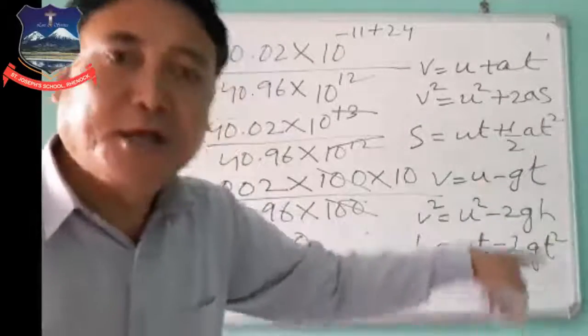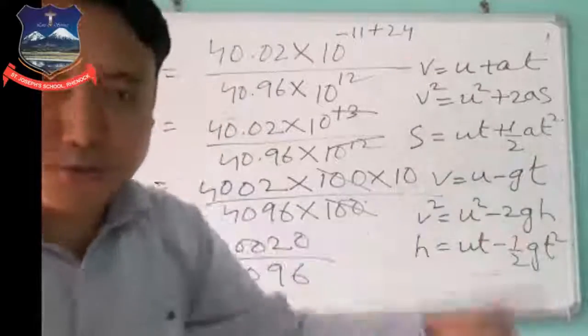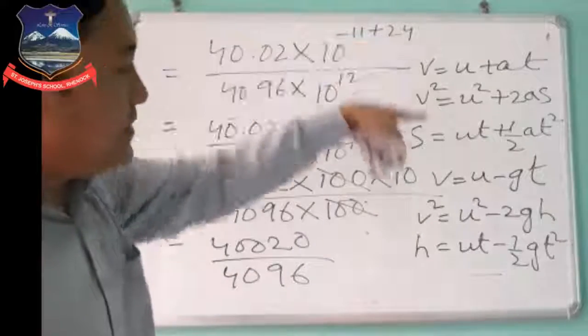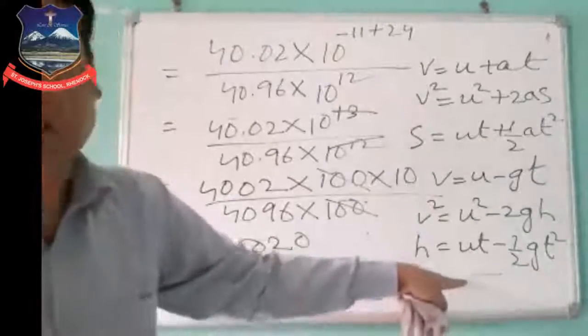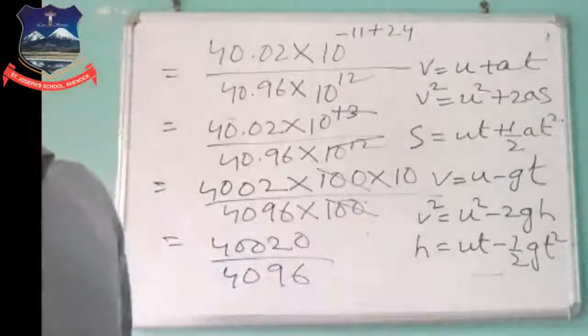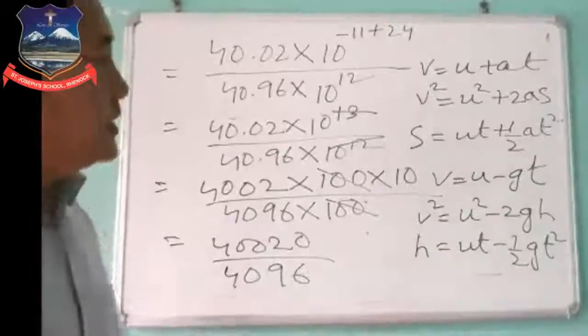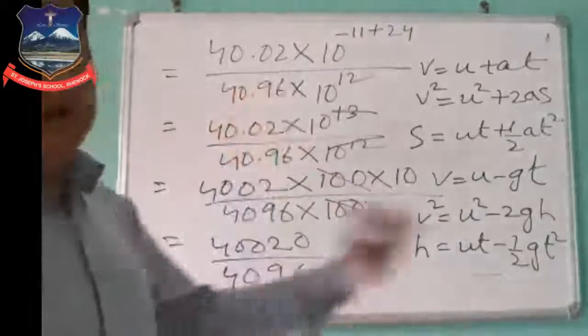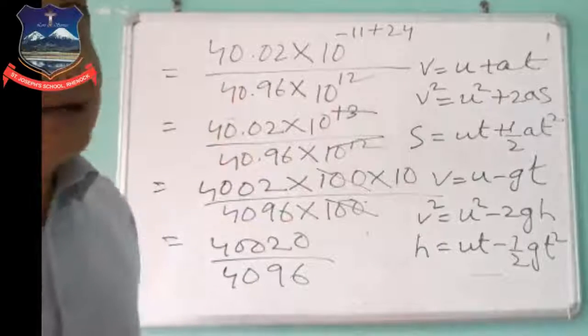So this condition will happen when a body is thrown vertically downwards. When the body is thrown vertically upwards, the formula will become negative. This formula we call the equation of motion. Is it clear? These are the things you should understand in this chapter, gravitation. Thank you very much.